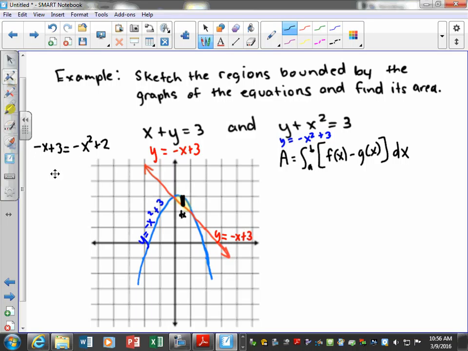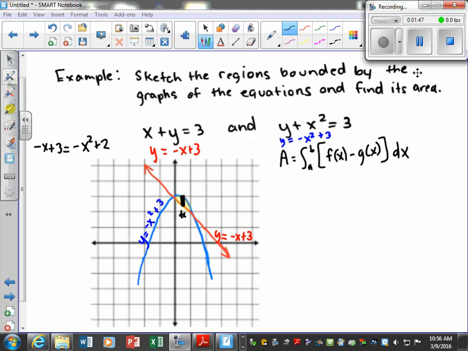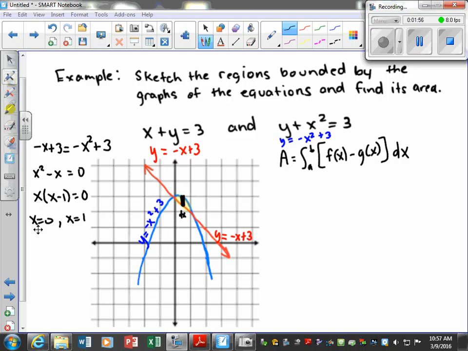Get all x terms on one side and solve this. I'm going to pause it and then you can just check your work, because this is some basic algebra that you should remember. Okay, so I just moved everything to be positive values, factored right here, and then found x equals 0 and x equals 1. So x is 0 here, x is 1.